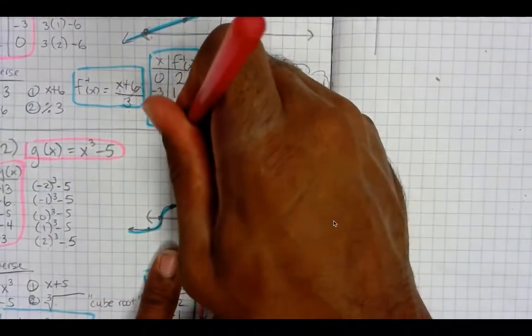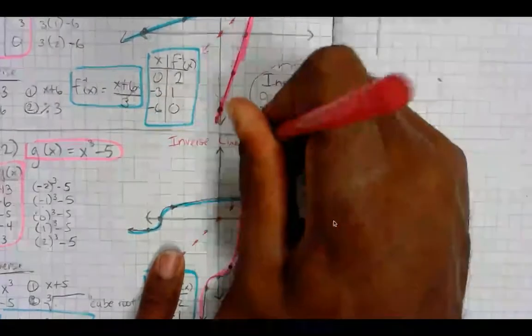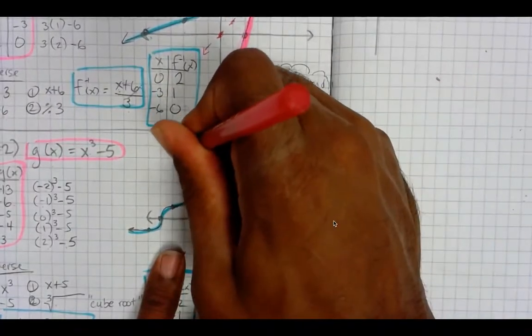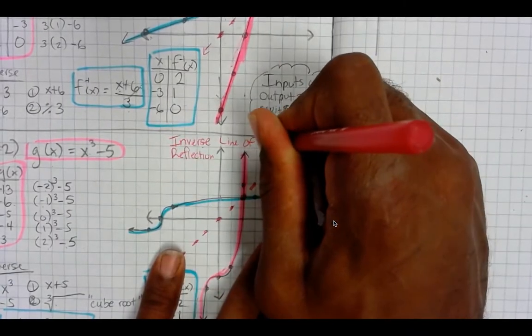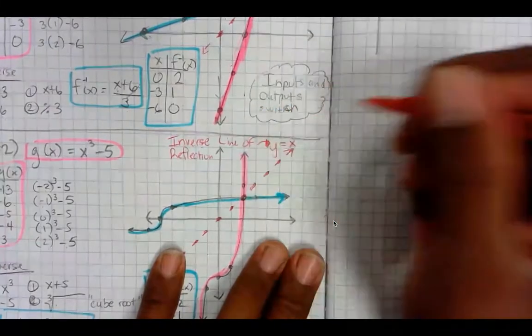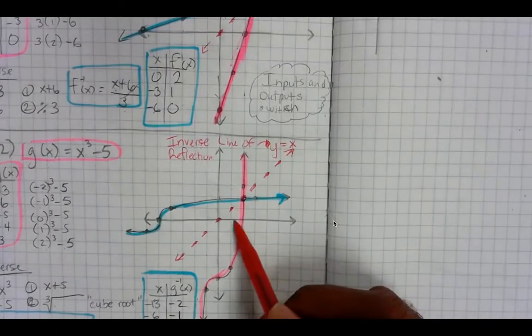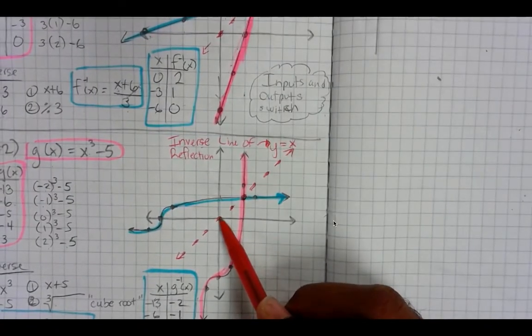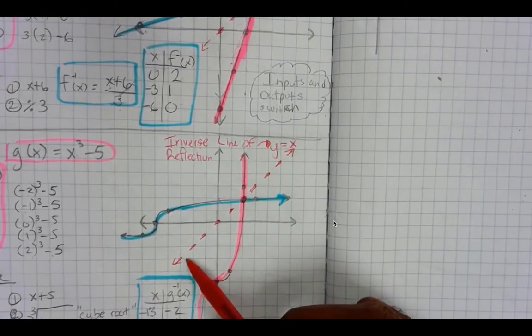So somewhere here I'm going to write inverse line of reflection. And every single one of these is going to have that same line, no matter what. No matter what it looks like, they'll all flip over this same exact line. Is it always over the origin? Well, this always passes through the origin. So this line is literally going to be the exact same for every single inverse.